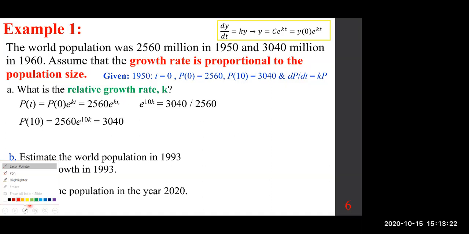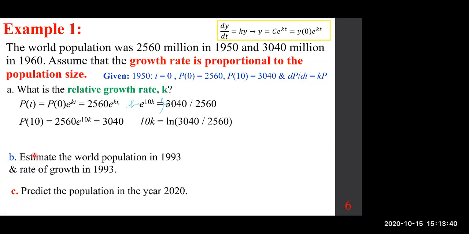In other words, ln of the left equals ln of the right. So ln of the left simply is 10k. Ln of the right, you write it. Of course, you're going to simplify this and divide by 10.